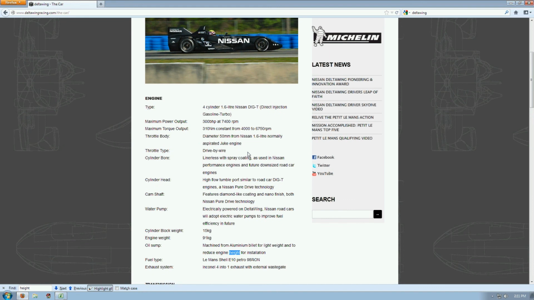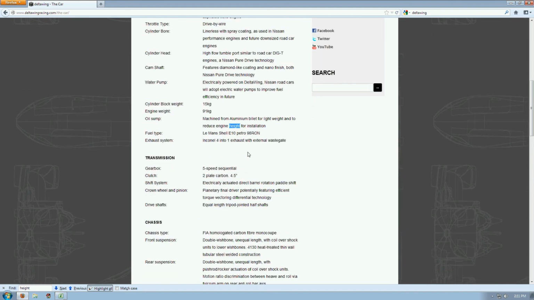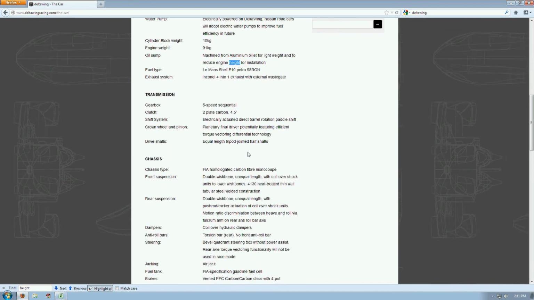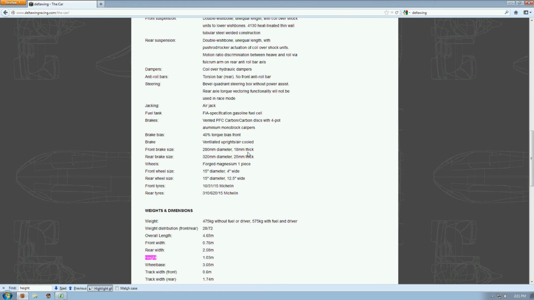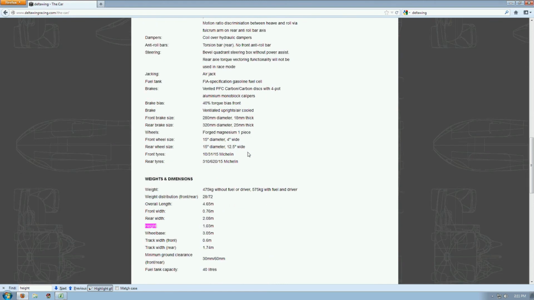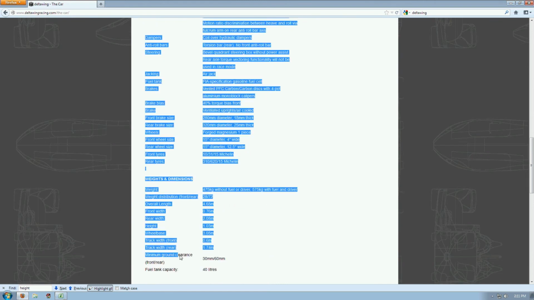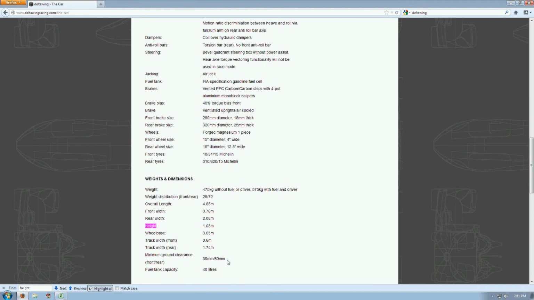Because I thought it was quite a reasonable ride height, not really at the ground or anything. Yeah. Minimum ground clearance 30 mil on the front and 60 on the rear. So that's the minimum ground clearance. Doesn't really tell us if that's static with the car just sitting in the pits.